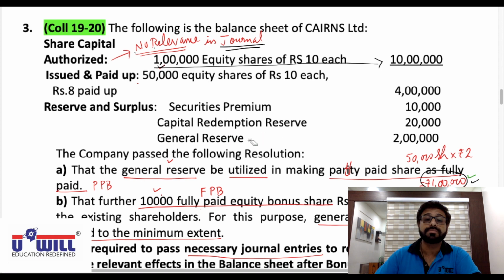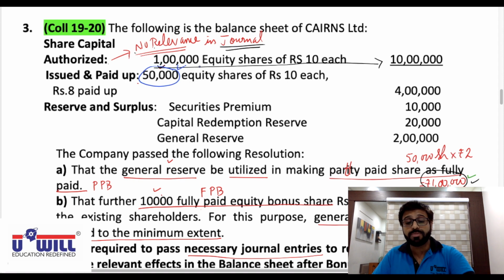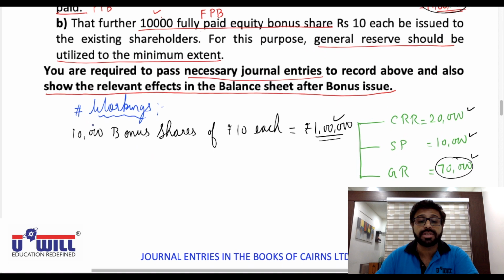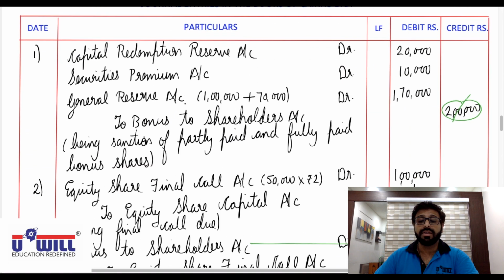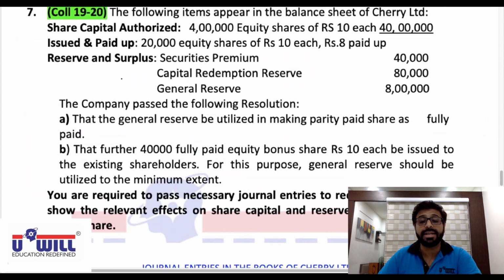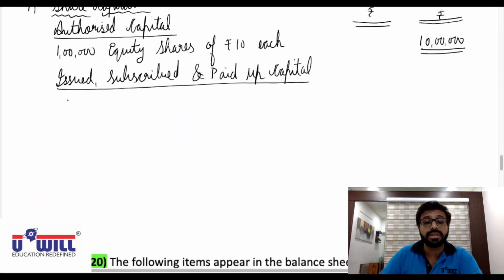See, we already have 50,000 equity shares here. How much bonus is given? 10,000 shares. So now after the bonus issue, what will be the effect? 50,000 shares were already there. 10,000 are given as bonus. So now we will have 60,000 equity shares of rupees 10 each.